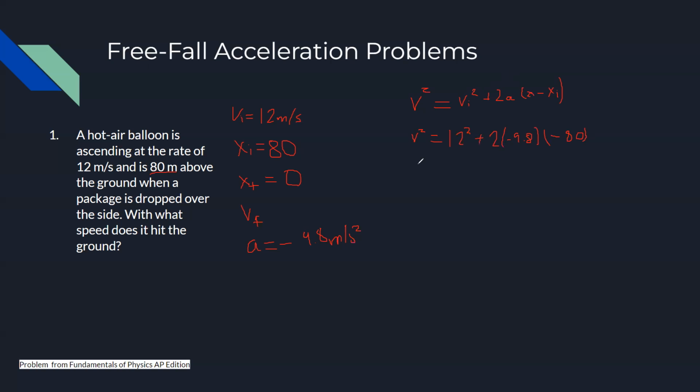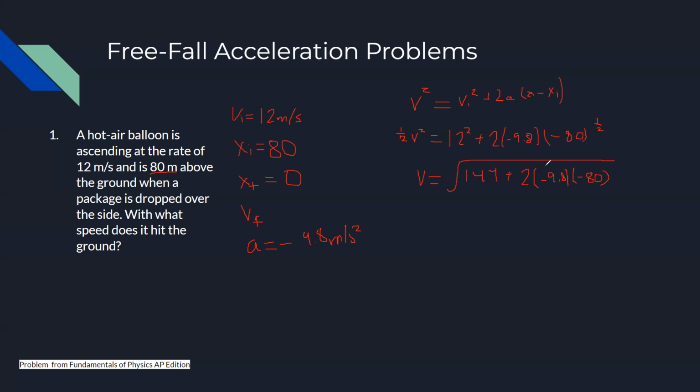And so then you just raise it to the exponent of 1/2. So v will equal the square root of 144 plus 2 times negative 9.8 times negative 80.